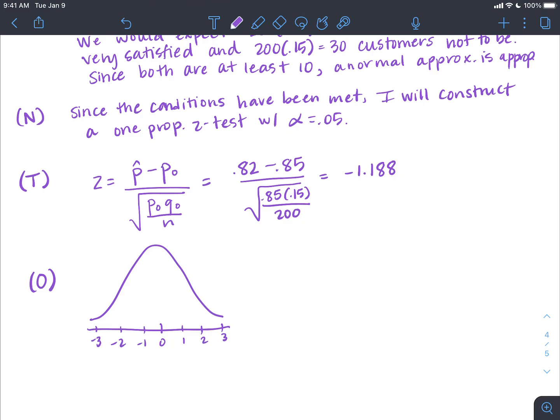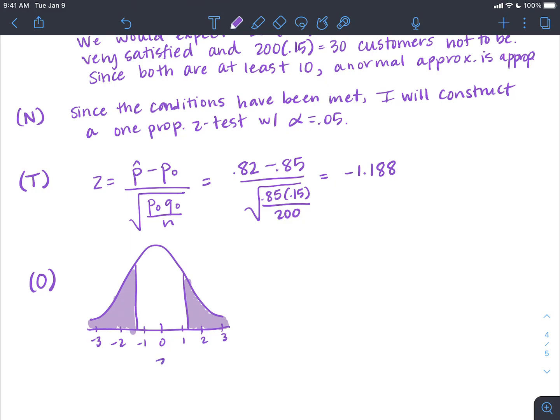So I'm going to go to negative 1.188 here, but also positive 1.188 here. So I'm looking for the probability that the distance away from our 0.85 claim is at least 1.188 standard deviations. So I'm finding that two-sided probability.